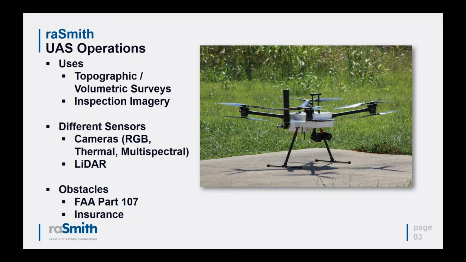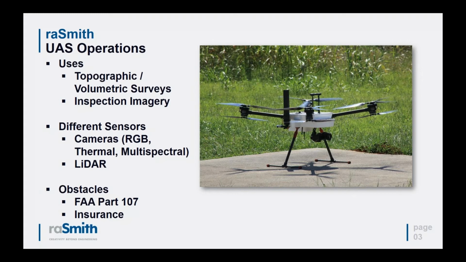So underneath any one of these types, there's a plethora of different sensors, and this certainly is not an all-inclusive list. It is just an example, but by far the most common are cameras, whether that be RGB or thermal or multispectral. There are others as well, but cameras by far are the most common type of sensor used in the UAS industry at this point in time.